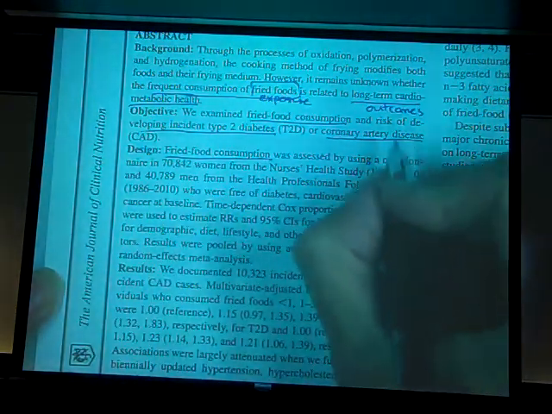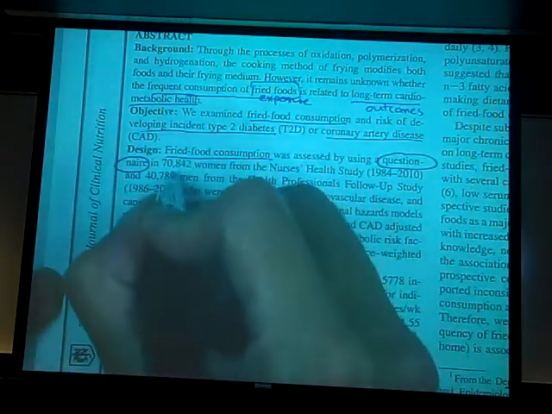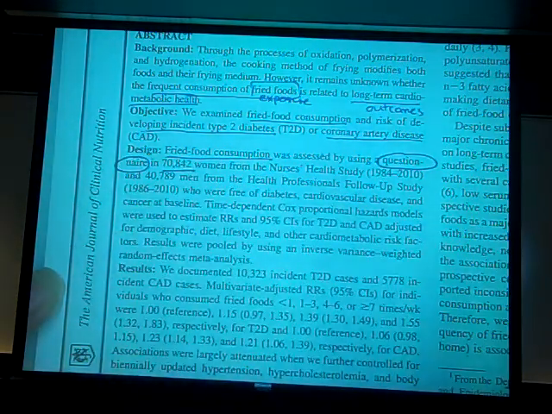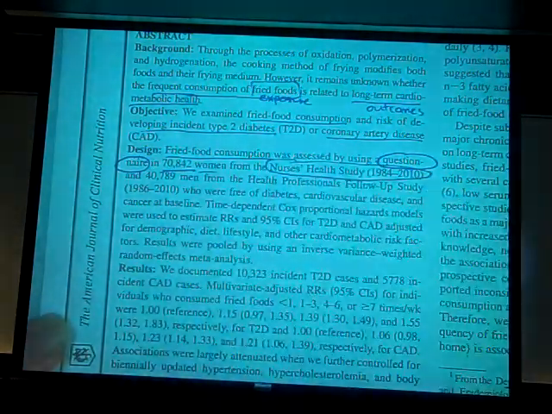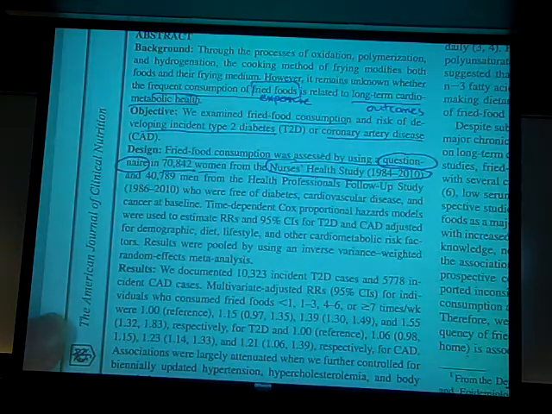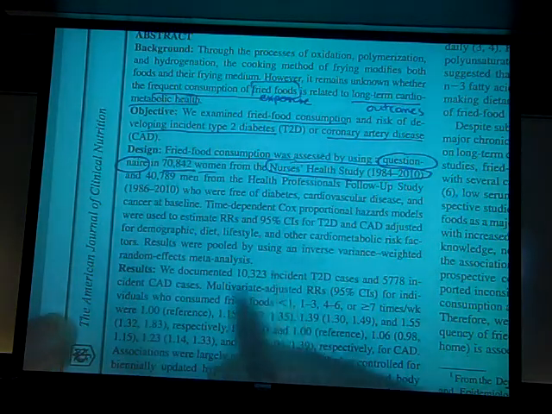So I know here that my exposure is measured using a questionnaire, and my sample size is 70,842 women from the Nurses' Health Study. Now, as a nutrition epidemiologist, I know a lot about the Nurses' Health Study. It may be that you need to read the methods section in more detail to understand what that particular study means.